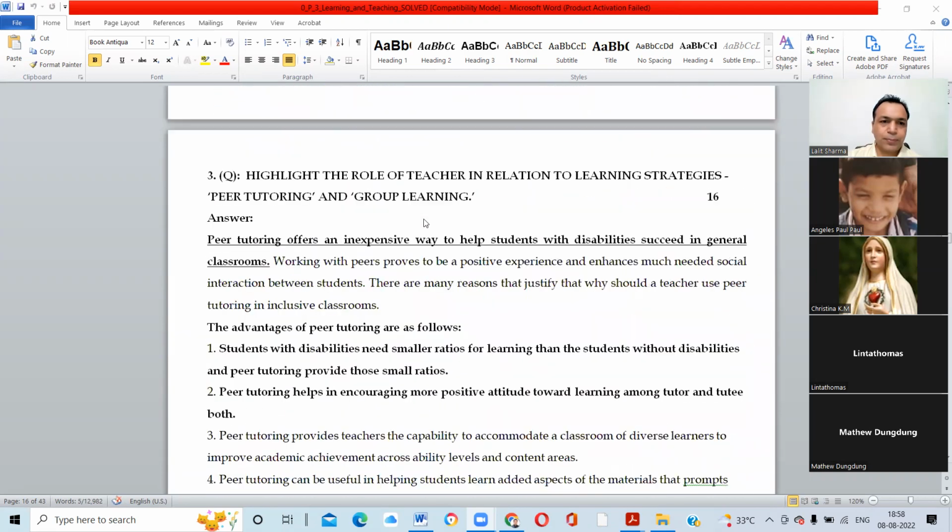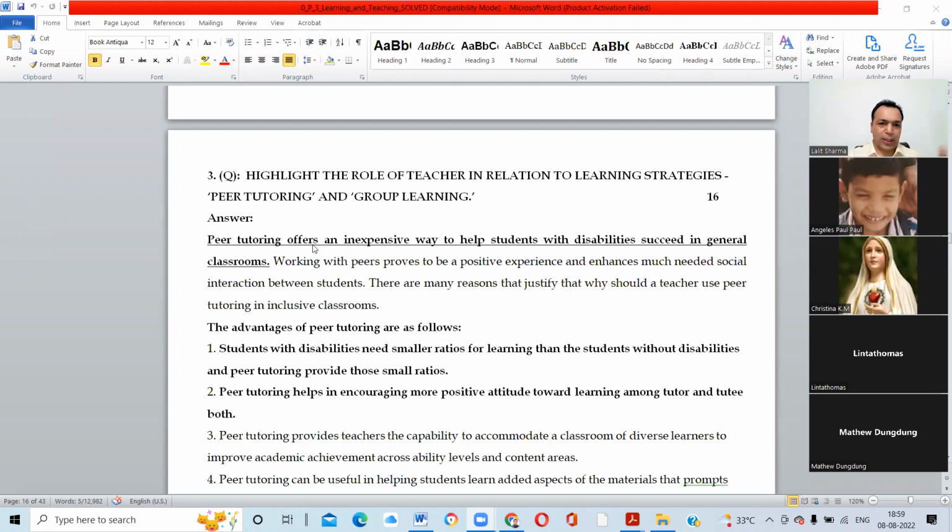So I have defined it. Okay, our third question is to highlight the role of a teacher in relation to the learning strategies, peer tutoring and group learning. Under peer tutoring, it is a way of helping students who are disabled.